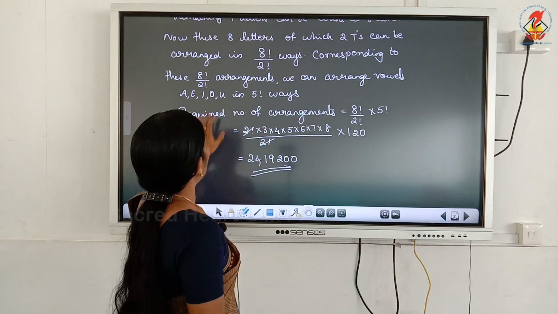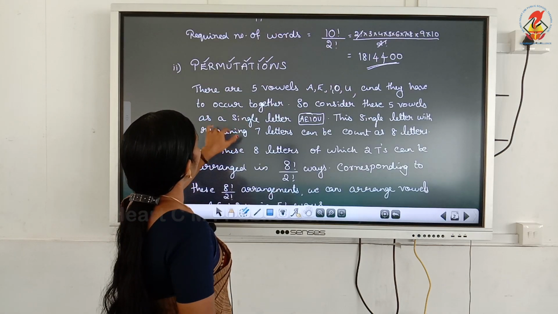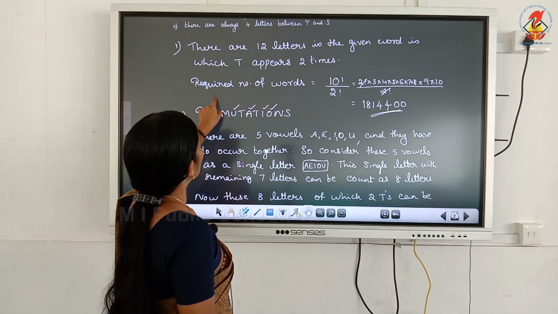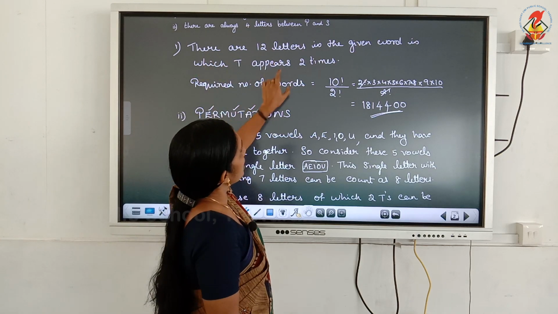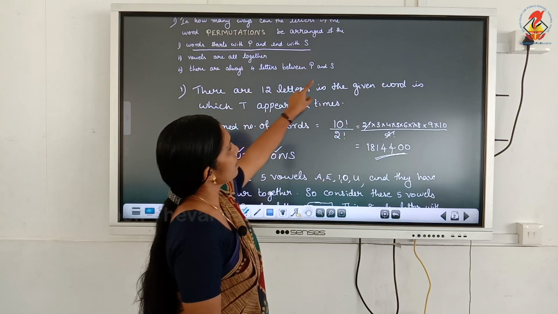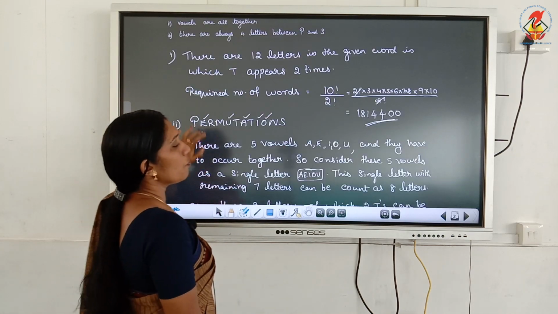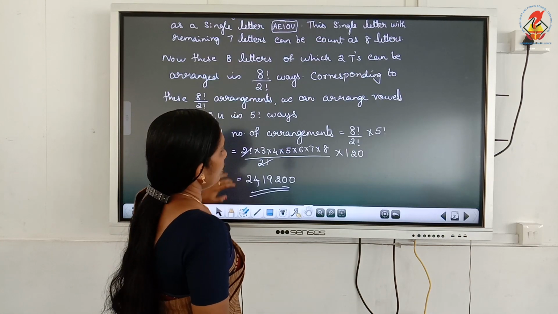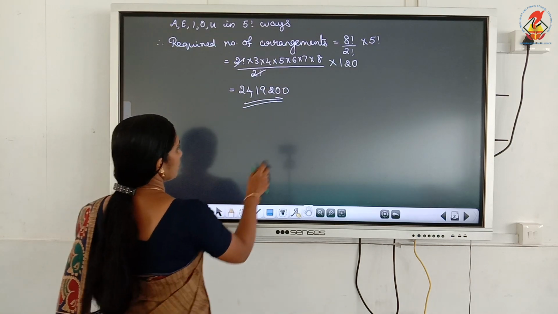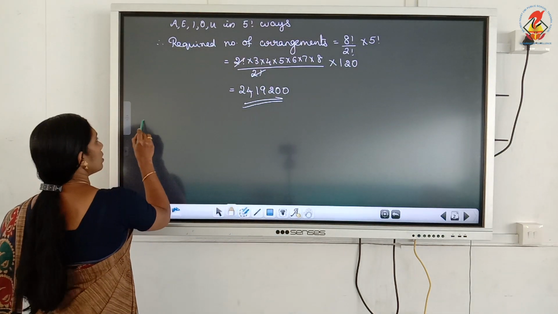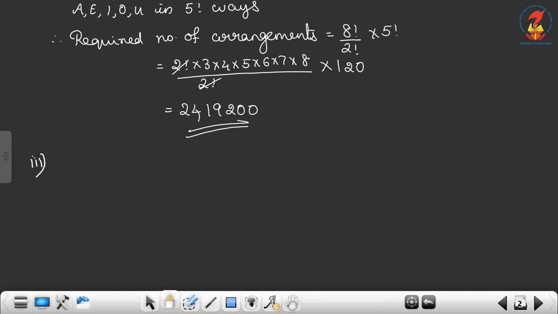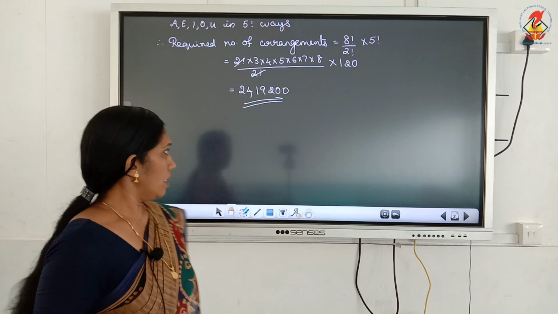Okay. Now the last part is, there are always 4 letters between P and S. So how to do that? You have to consider all the possibilities. In between P and S there must be 4 letters.